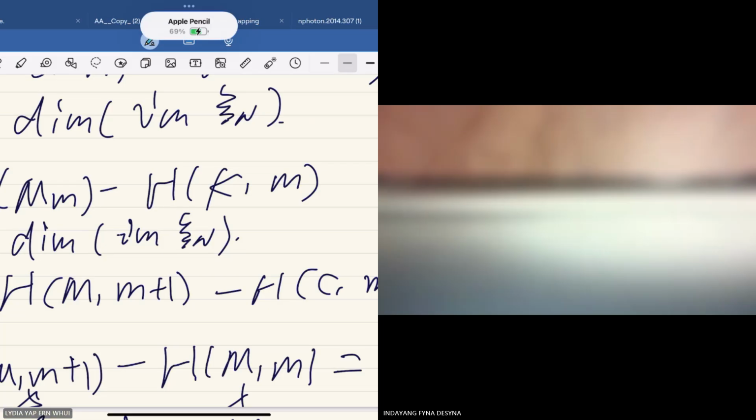Okay, pose still okay. See here. One, two, three.